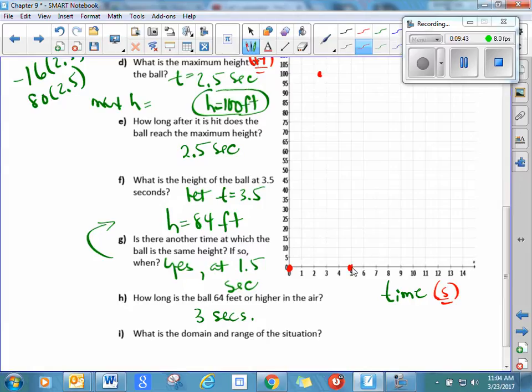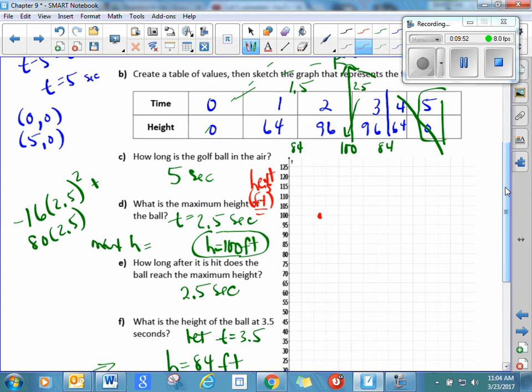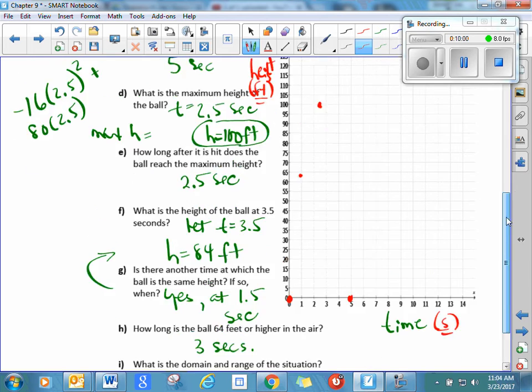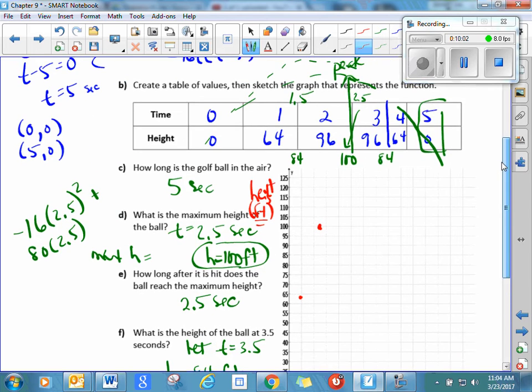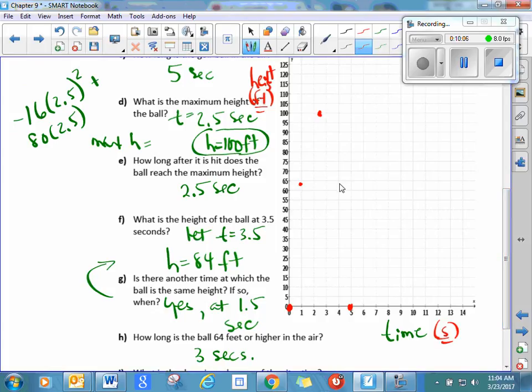And then we can look at 1 second. Where was it? 64? Okay, so 64, right there. And then it was also at 64 at 4 seconds. So I can do that. This is our axis of symmetry.